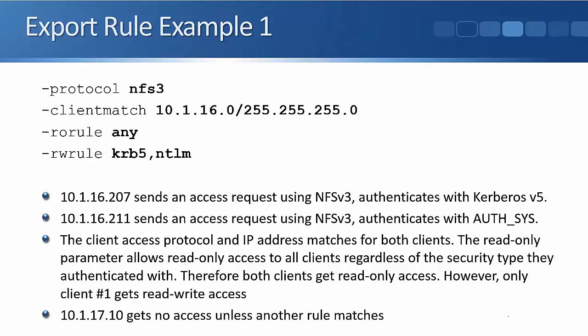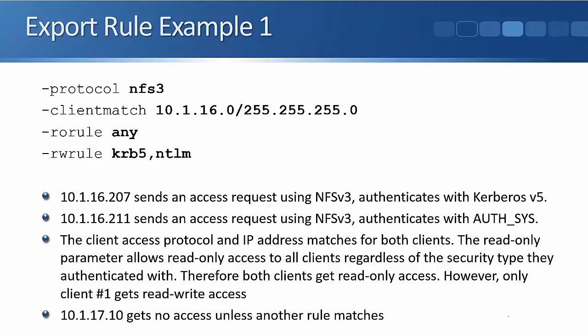The client match is matching clients from the 10.1.16.0 network, and our security type, we've got a read-only rule of any, meaning we don't care what authentication type they're using, so they'll all get read-only access. And the read-write rule, we're granting that to users who are authenticating with Kerberos version 5 or NTLM.